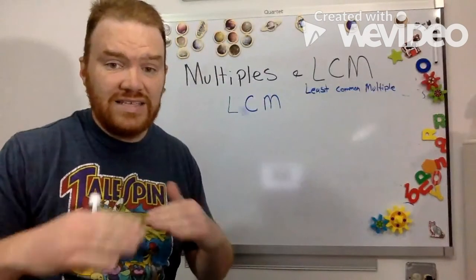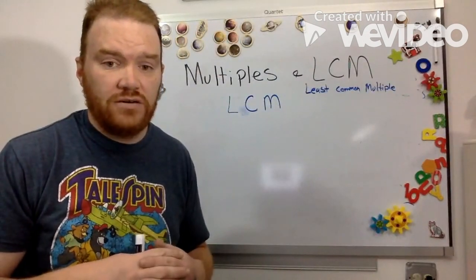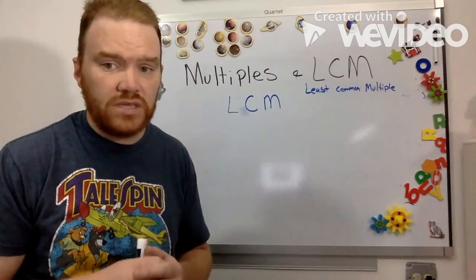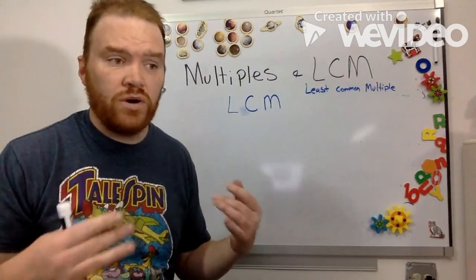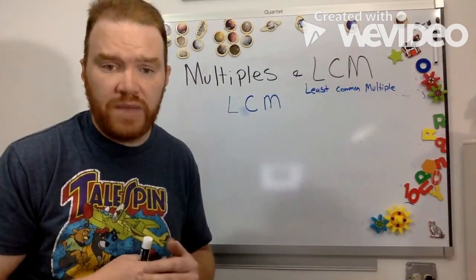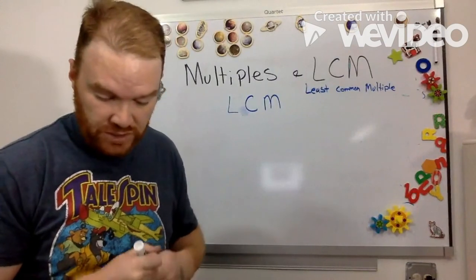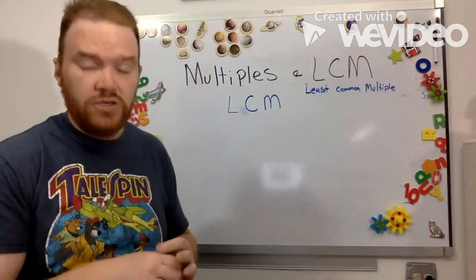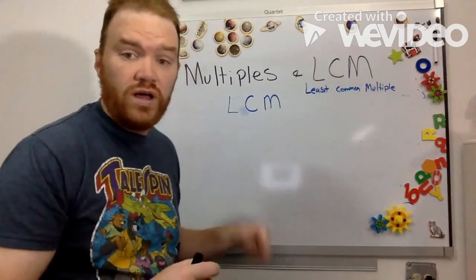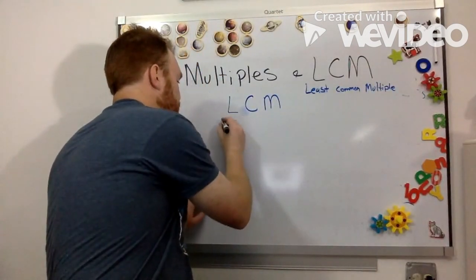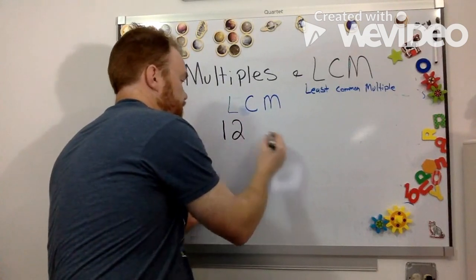It's not as easy as greatest common factor with prime factorization, but if you're working with two big numbers, it's probably the best way to go about figuring it out. So I'm going to do a factor tree of 12 and 18. Here's 12 and here's 18.